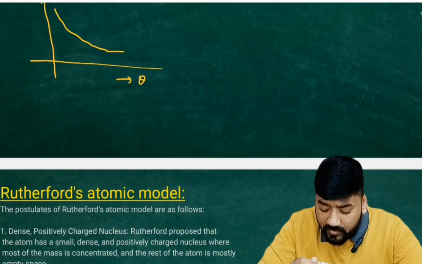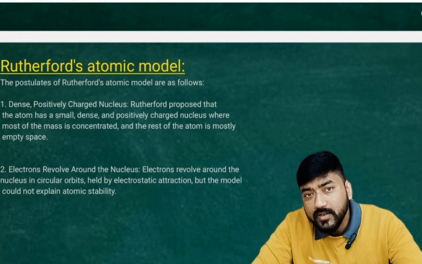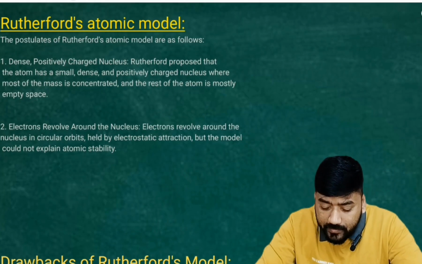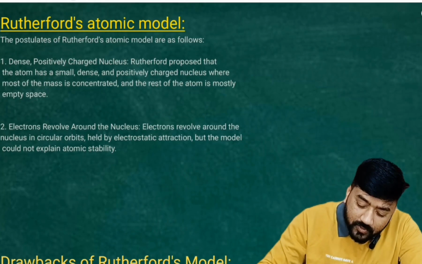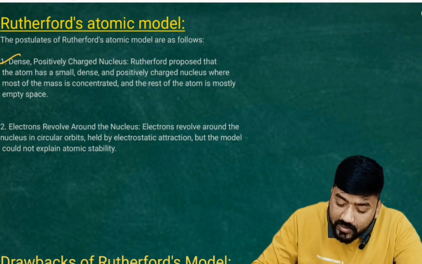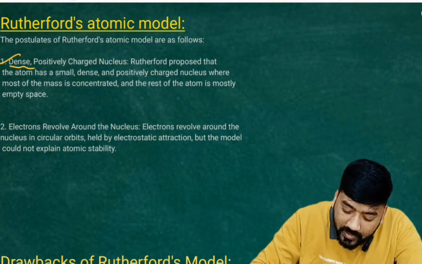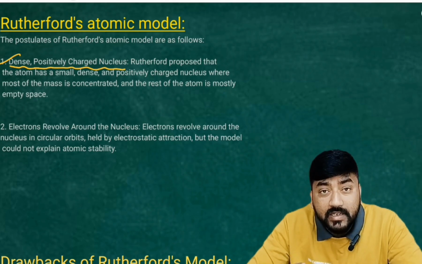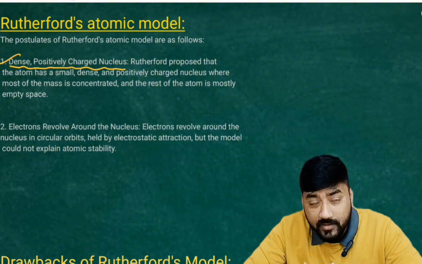Okay, so this is basically Rutherford's atomic model. Now what are the postulates of the Rutherford atomic model? This is also a very important thing. The first postulate that I have already discussed, कि dense positively charged nucleus, so ये dense positively charged nucleus के बारे में बताता है.